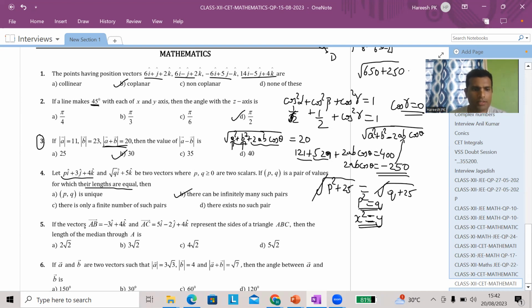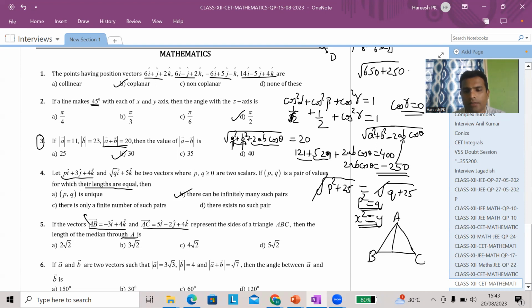If the vectors AB is given, AC is given, they're asking the median through A. Here, one trick that I follow generally is I'll assume that the position vector of A is the origin itself. And why do I do that? I'll tell you the reason. They have given AB and AC, right?